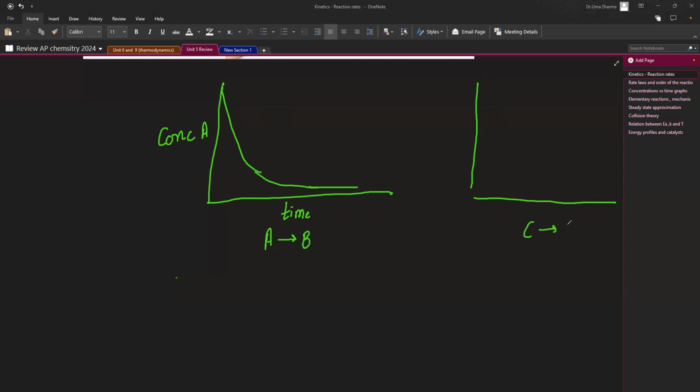C is getting converted into D. The reaction is going like this. This is concentration of C versus time. So they will show you these two graphs and ask you which reaction is faster, A to B or C to D. Very popular question in multiple choice.